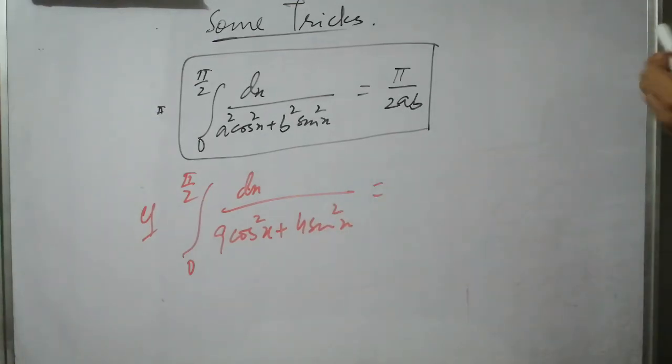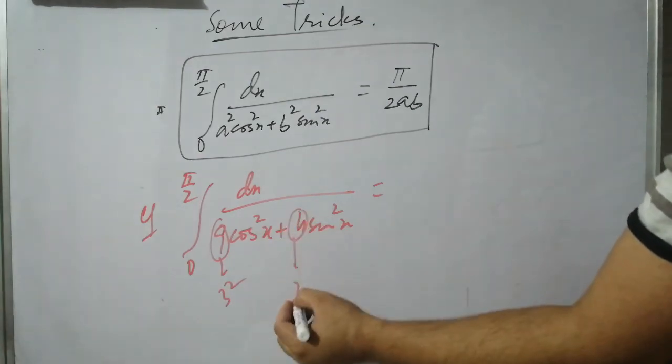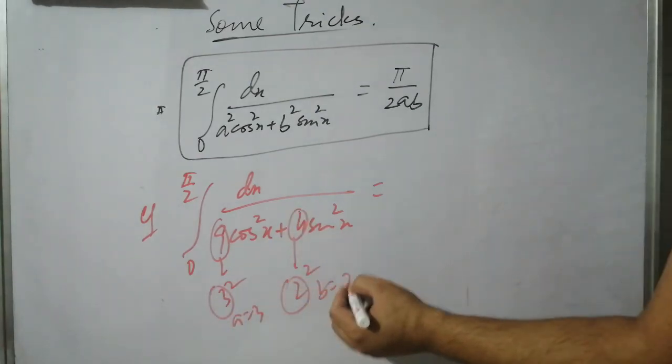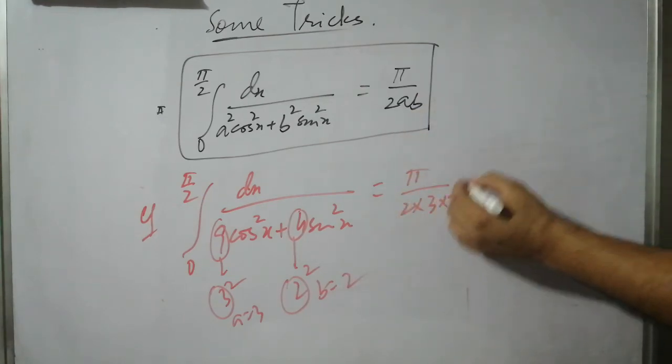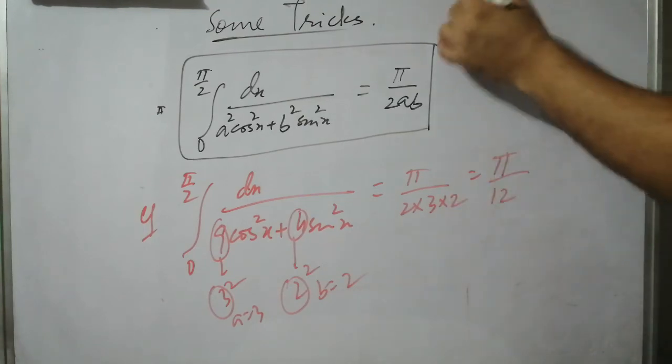So it is actually a square, so this will be 3 square and this will be 2 square. So a is 3 and b is 2. Formula is pi upon 2 into a into b, sorry, b is 2, so pi upon 4 3 is 12.